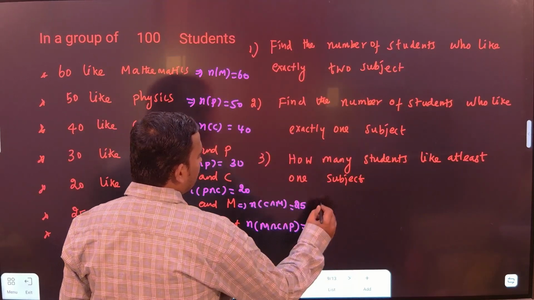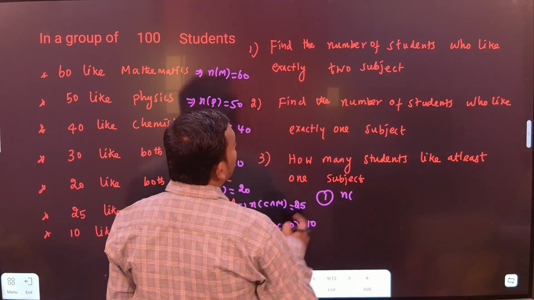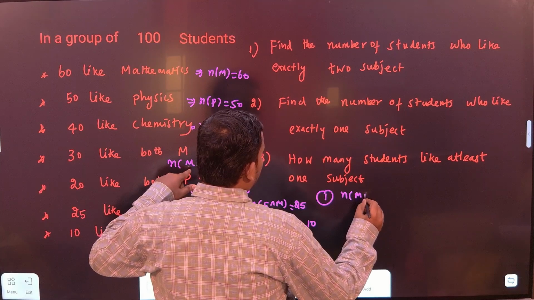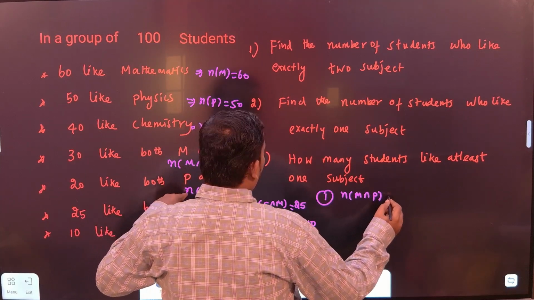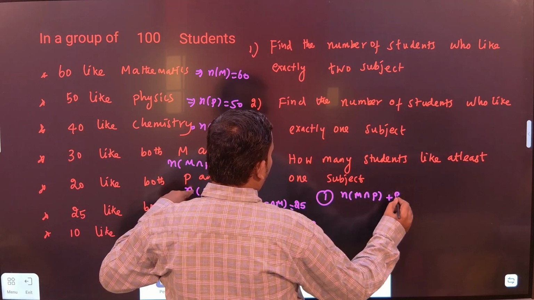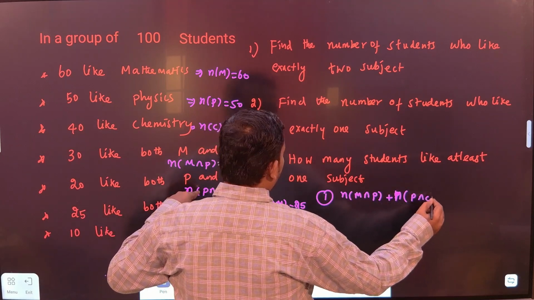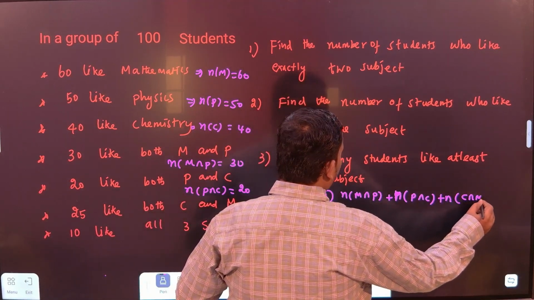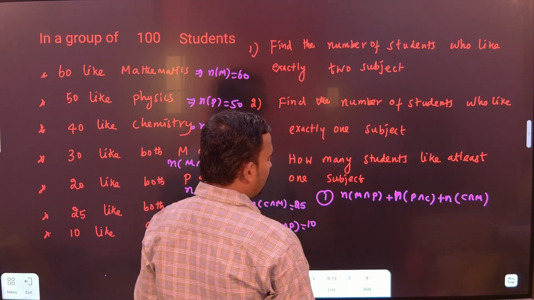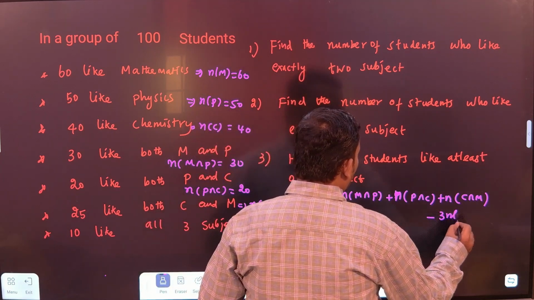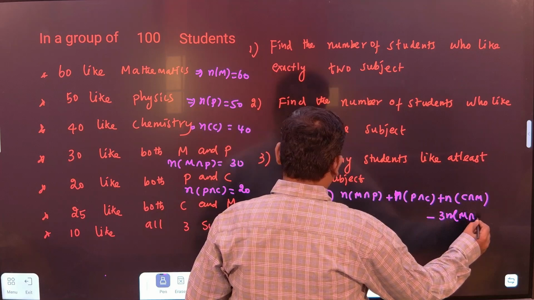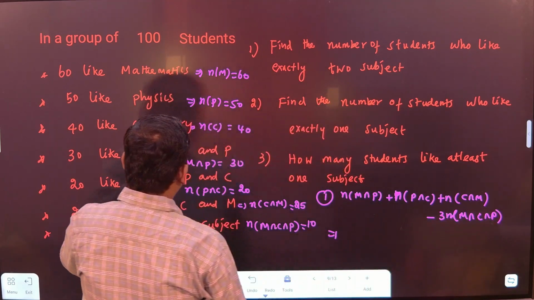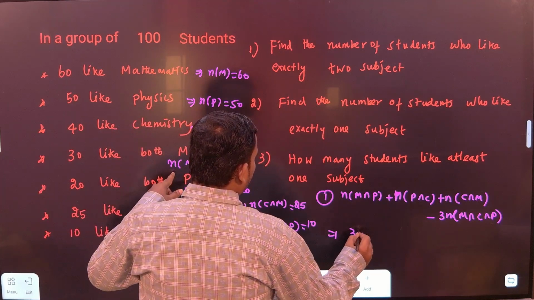What will we get? First, n of mathematics and physics, and n of physics and chemistry, plus n of chemistry and mathematics, and remove 3 times n of M intersection C intersection P. Calculate this. M intersection P is 30.